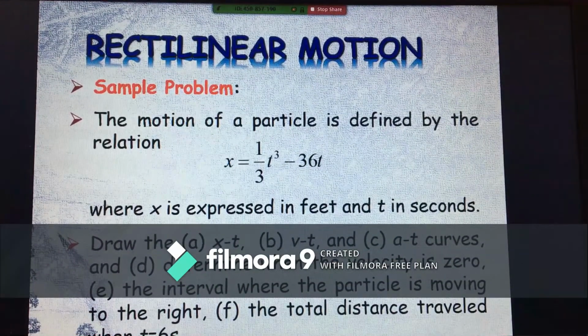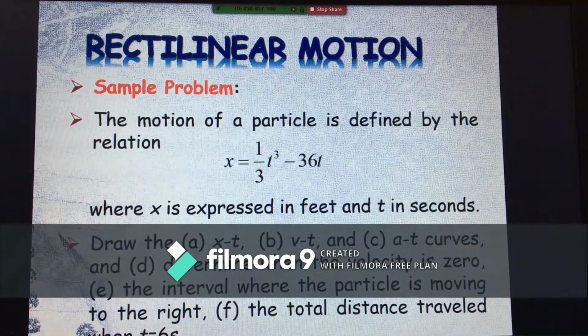Are you listening? Okay, again, sample problem. The motion of particle is defined by the relation x equal to 1/3 t cubed minus 36t, where x is expressed in feet and t in seconds. Draw the following, no?